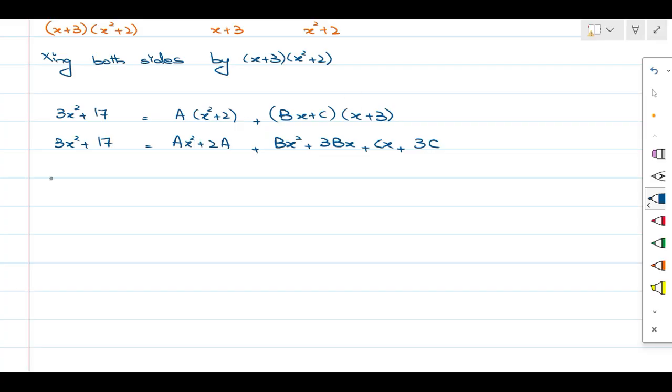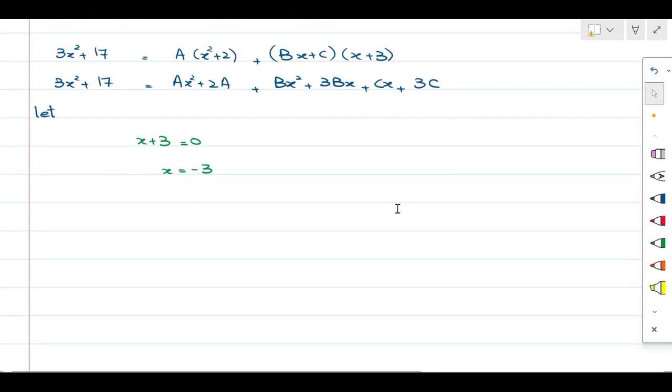Okay. Now here we can let x plus 3, now we have a linear factor x plus 3. We need to put it equal to 0, and we get the x value which is negative 3, and substitute that x value negative 3 and solve for one variable.